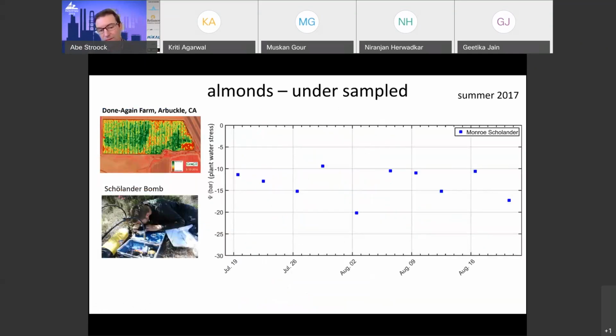So Monroe has been investing in using this painful manual tool a couple times a week at most to measure the stress. And so here I'm reporting the water potential in atmospheres of stress, or bars of stress, negative.